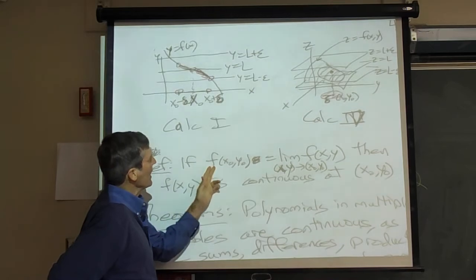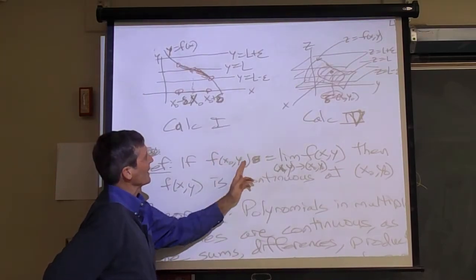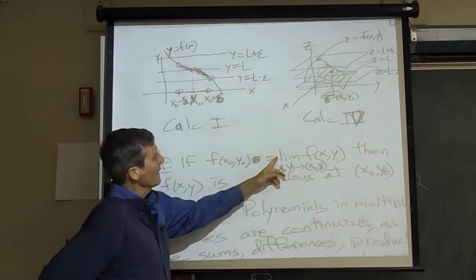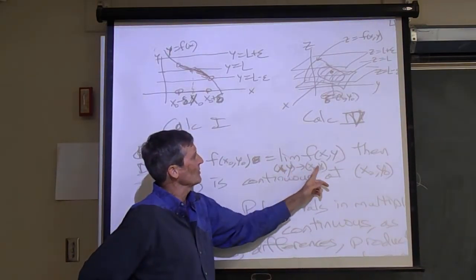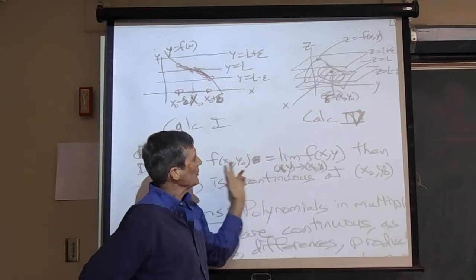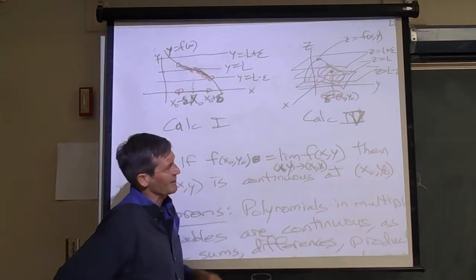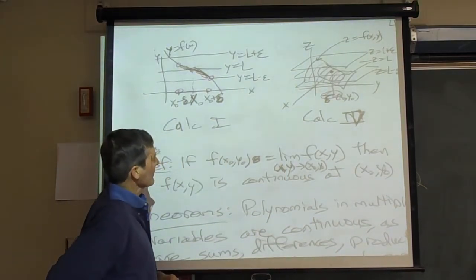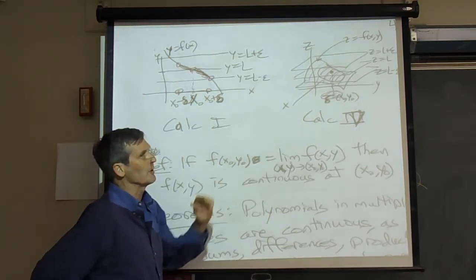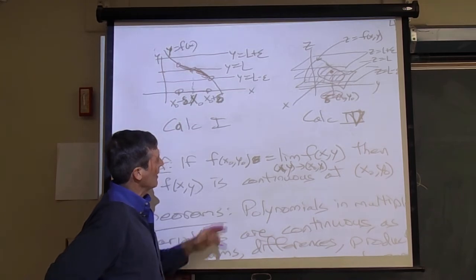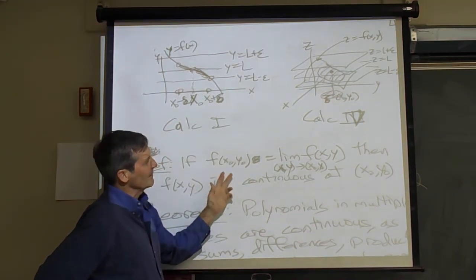We'll say, if f is defined at the point x0, y0, and the limit exists as (x,y) approaches (x0, y0), and the two are equal, then we'll say it's continuous at that point. So the function is continuous at a point if the function is defined, the limit exists, and the two are equal. I won't write that all out here.